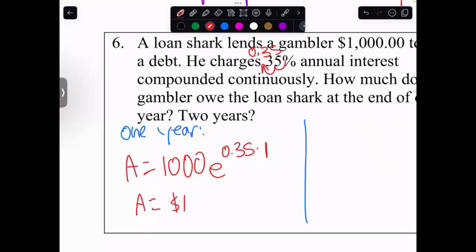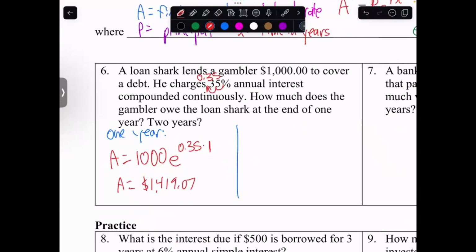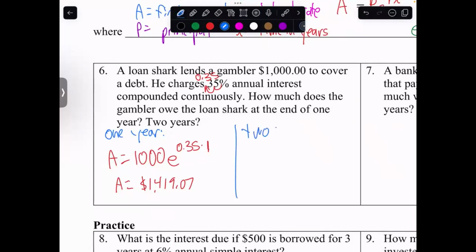Double the amount, exactly. So after 2 years, if you didn't pay any back in the meantime, the new balance is over double the original amount.